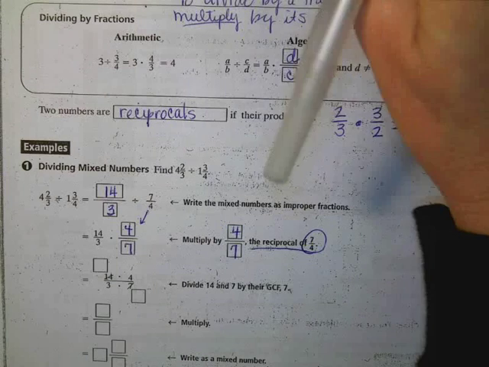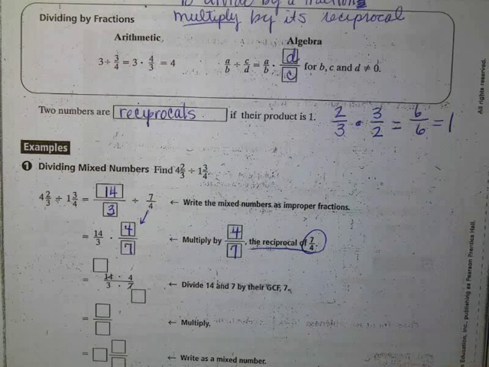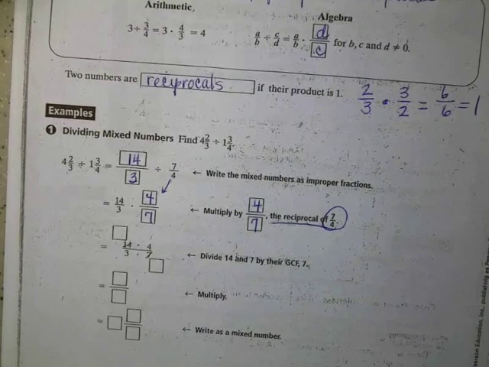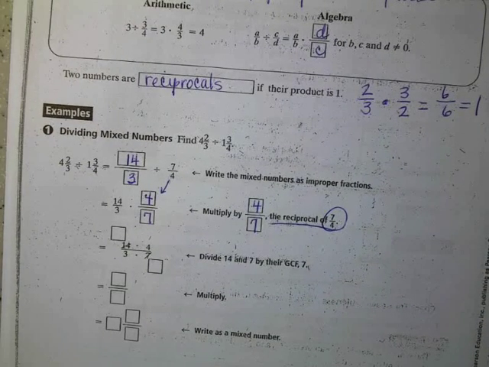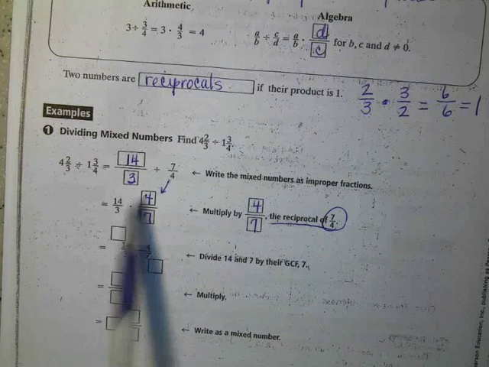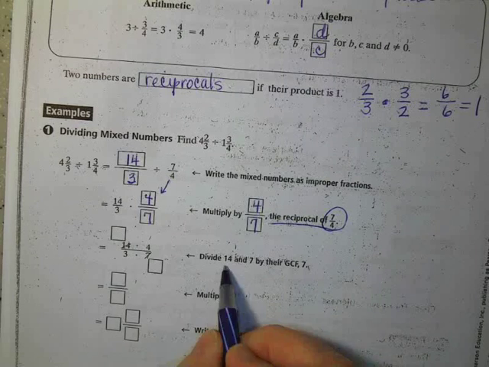The divisor is always the second number, or the number that you are dividing by in a division problem. So you want to be sure that you flip only that second number, never flip the first one. Okay, so now we can do some cross canceling here.